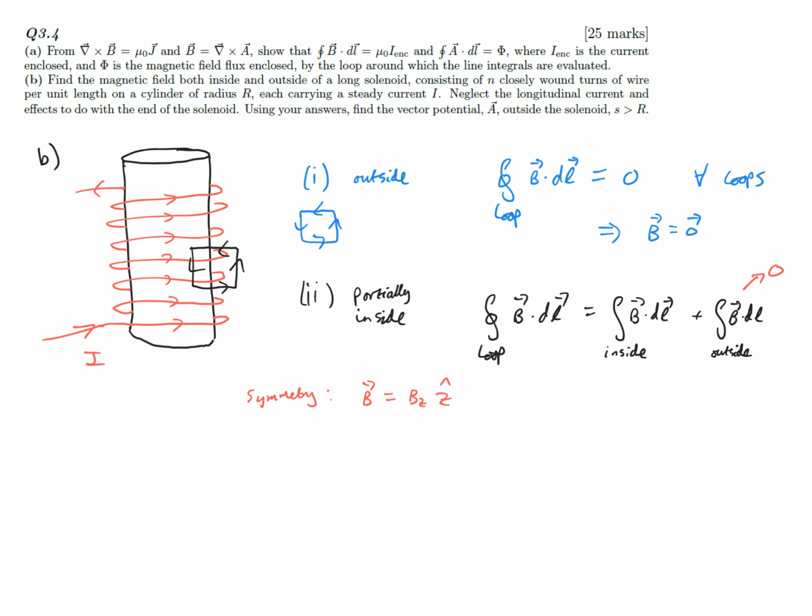That's perfectly clear. Then I consider what's happening when I evaluate the line integral of that around this loop. These horizontal parts don't contribute because I'm doing B dot dl, and the path dl is perpendicular to the field direction, which is in the z direction. So it's only this vertical bit here that counts.